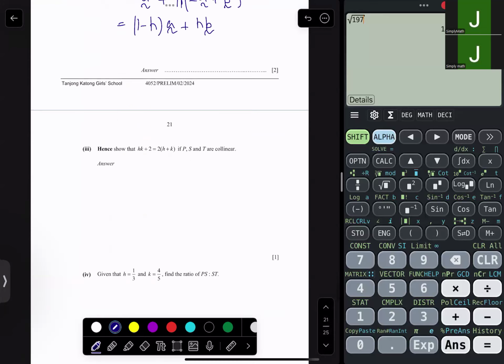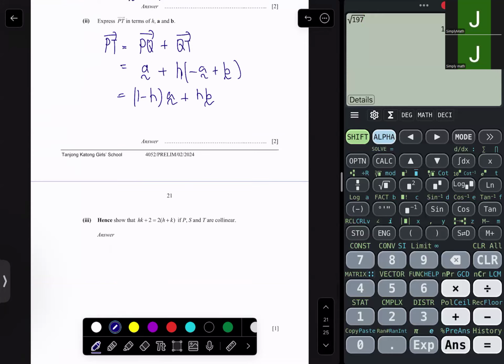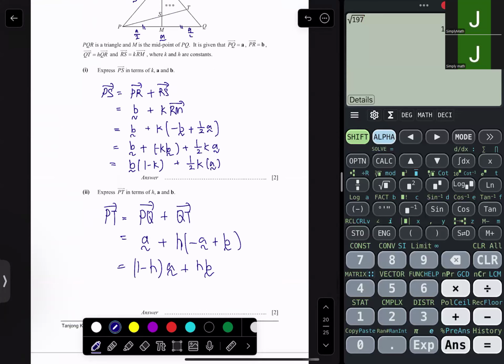Hence, show that HK plus 2 equals to 2 bracket H plus K if PST are collinear.